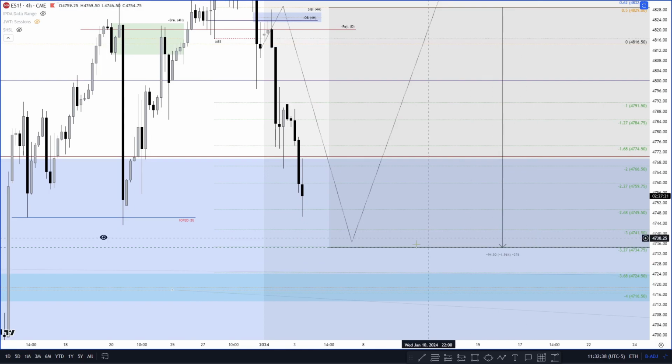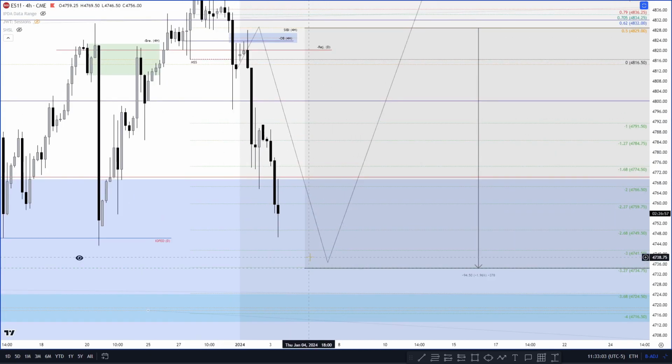Like I said, this is kind of like the first objective that I was looking for, and it's looking like we might reach it. It's possible for NFP to form a low here and then retrace into this gap, but I haven't done any of my weekly analysis, and this is the part where I usually create a bias because I'm looking at the charts before I look at the fundamentals. I have a completely different thing I do for the week, and I don't want this to affect my bias.